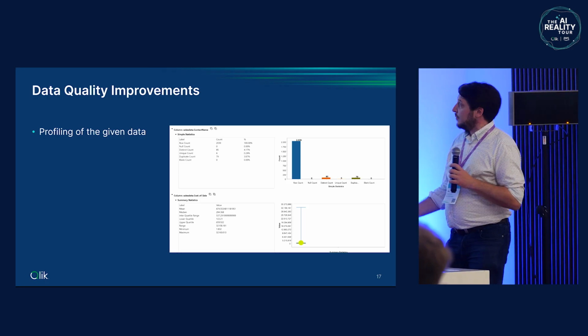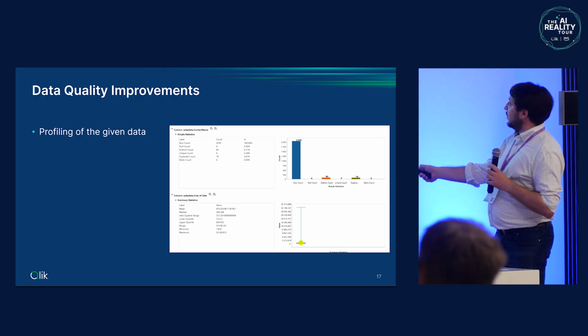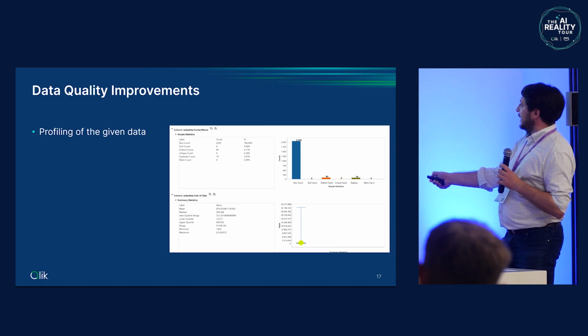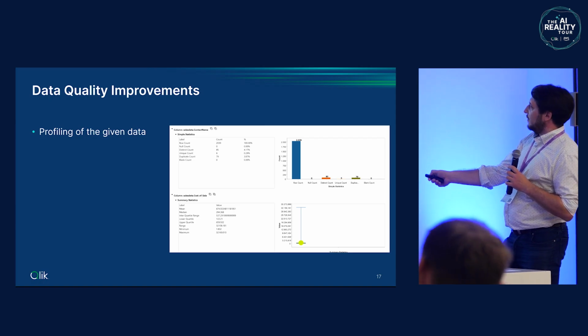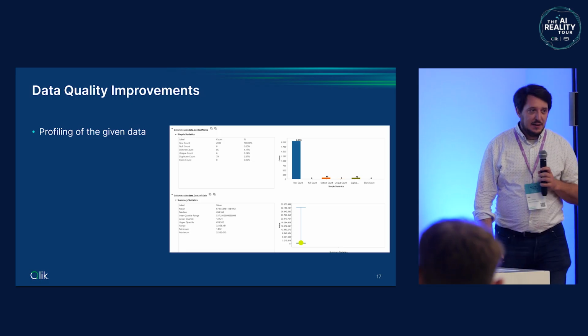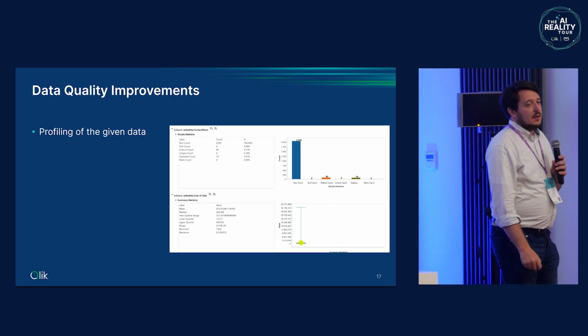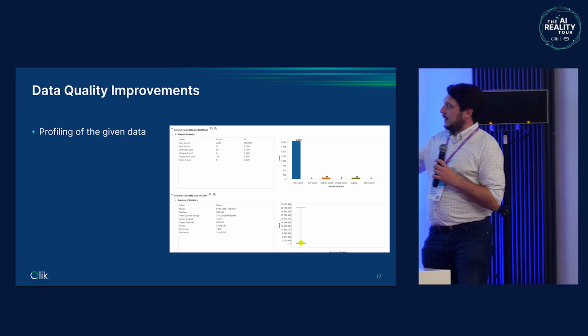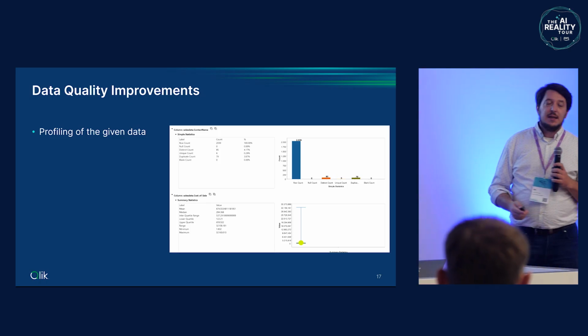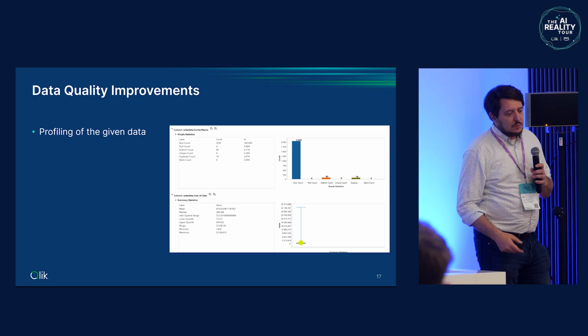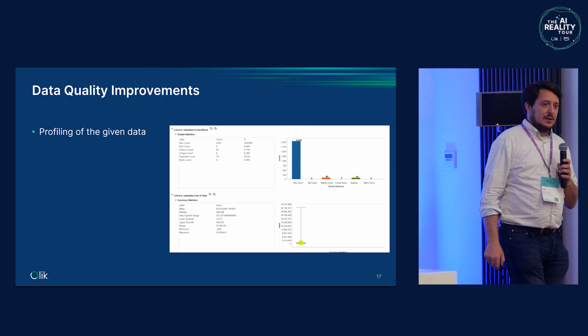Or you look at the numbers and you see that's the average, that's the minimum, the maximum is way higher. So maybe there's a problem there. And you can directly have a look at the rows that we are talking of. And if that's not enough, you can also create your own indicators.